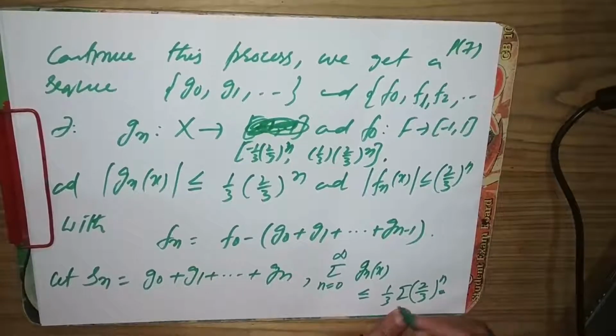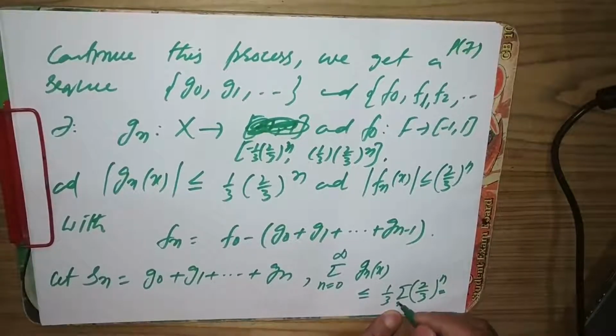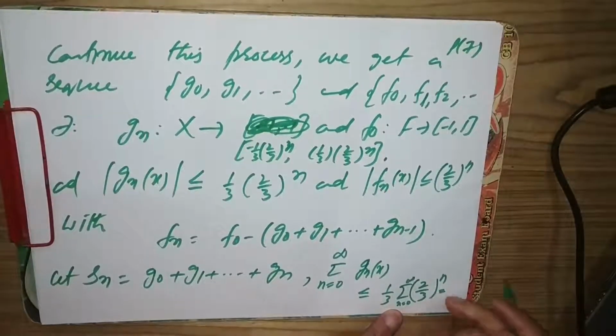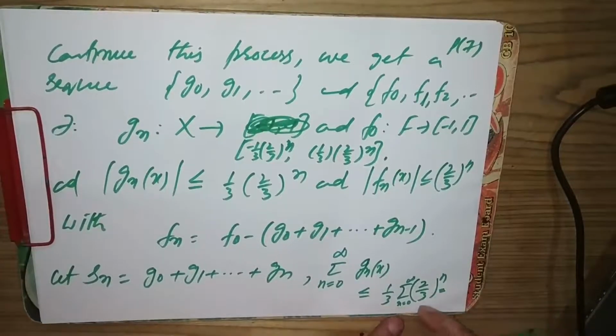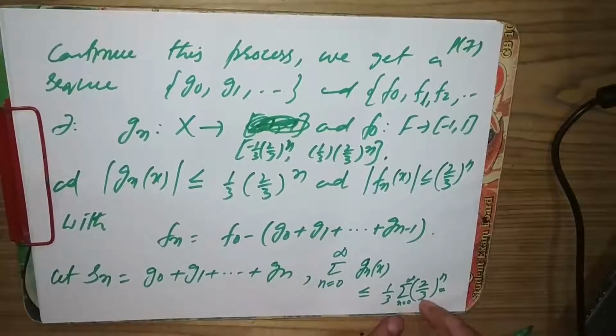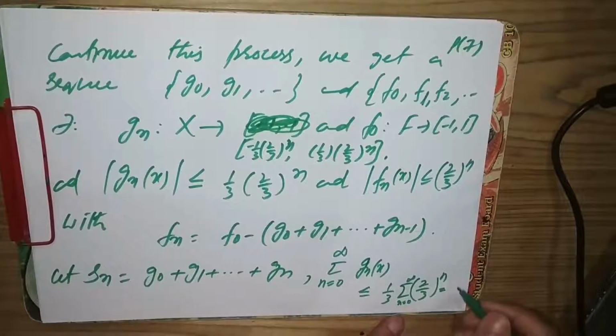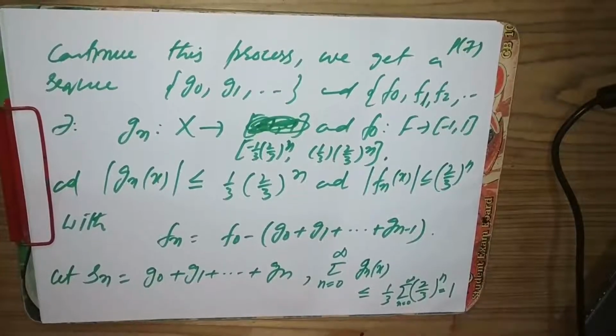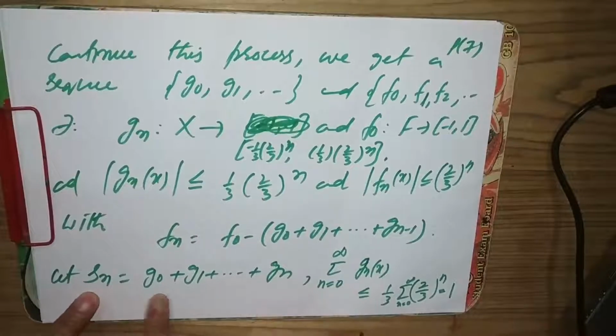So the series is convergent, which means S_n converges uniformly.